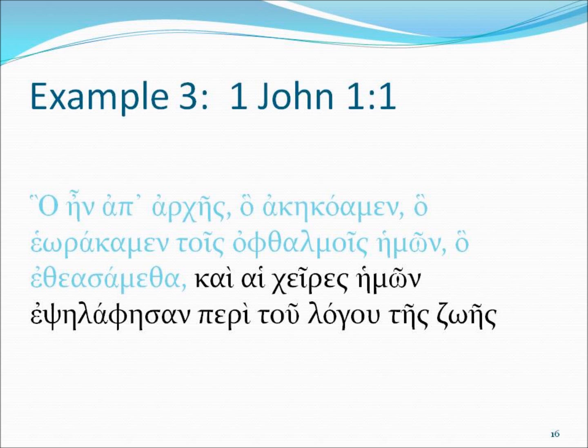The epsilon iota makes an A sound. Hēmōn. Here's that really long word. Epsēlaphēsan. Peri tou logou, there's a diphthong there, the ou in logou, tēs zōēs.